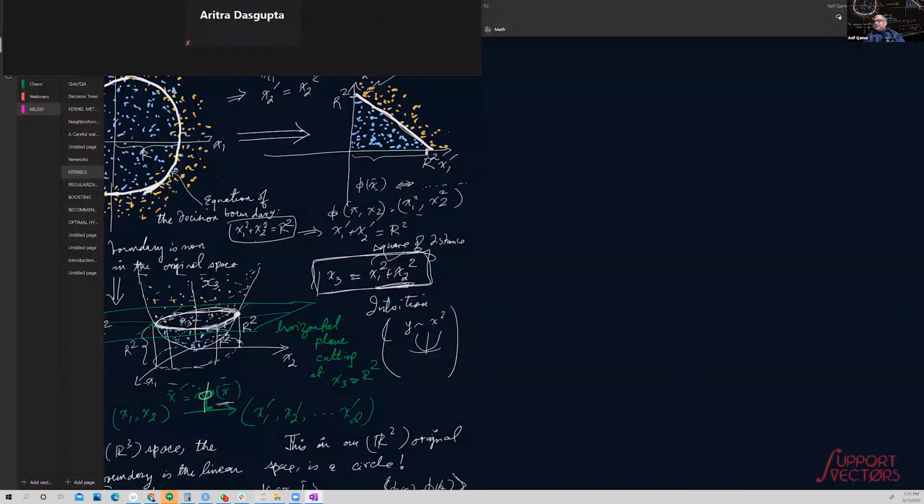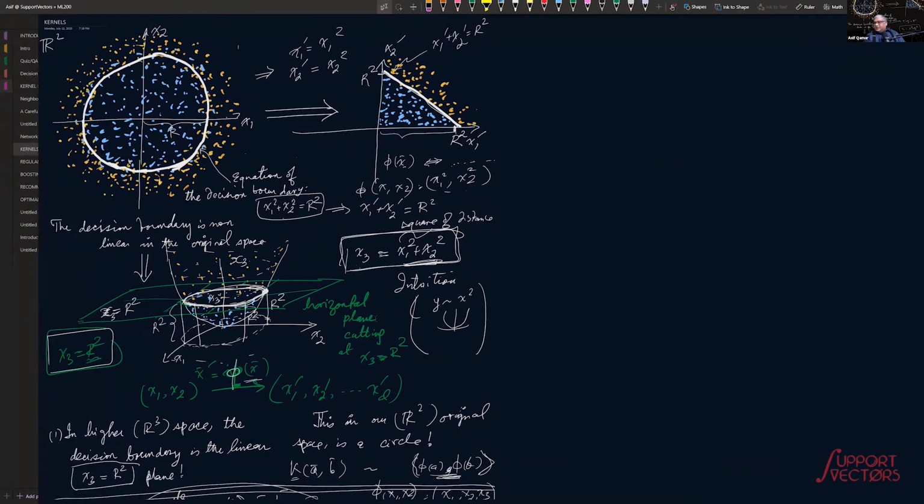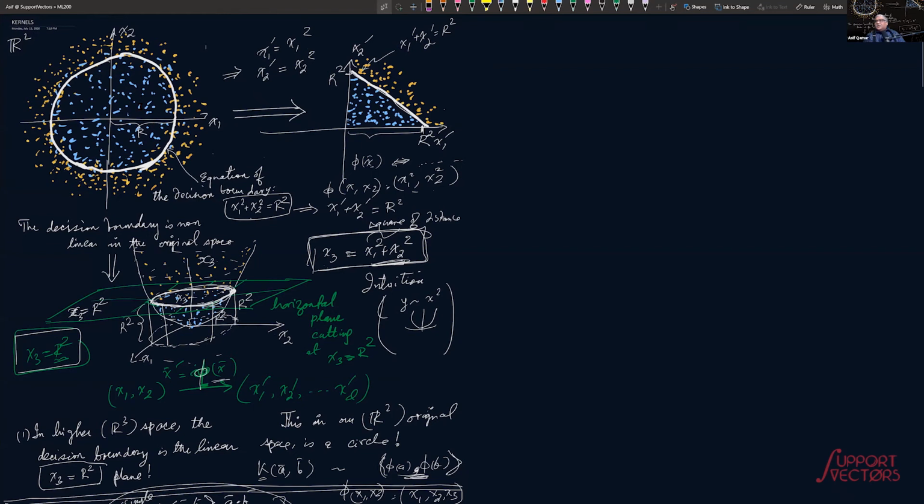This is a recap, guys, for you. Do you remember this? I could go from this to this, or I could go from this to this parabolic surface, isn't it? In the first case, I mapped from R2 to R2. In the second case, I mapped it to R3, three-dimensional space.